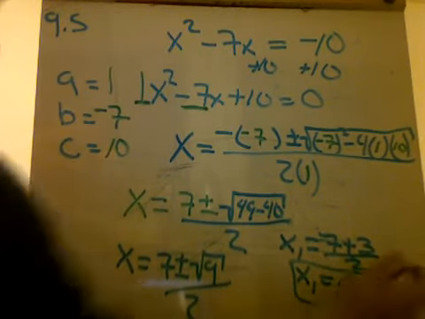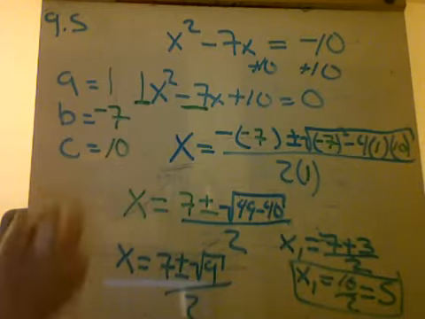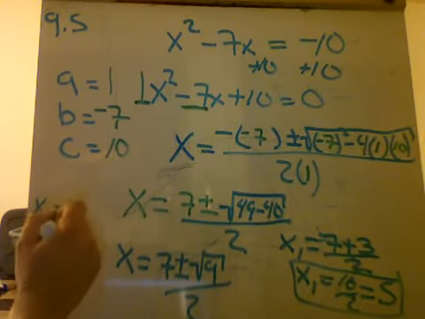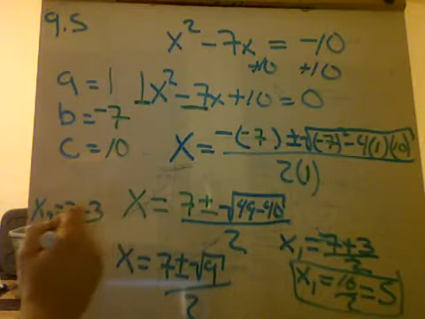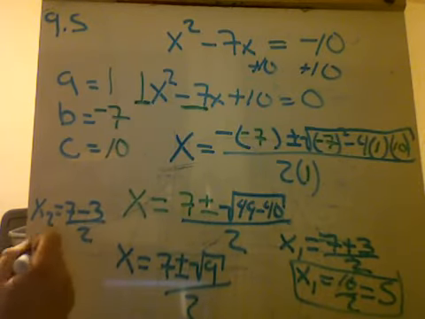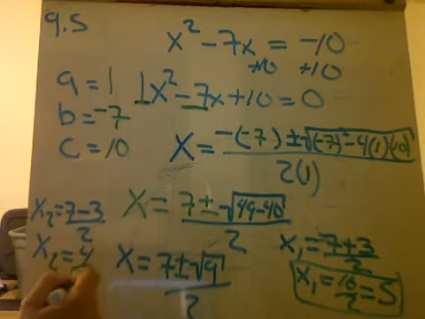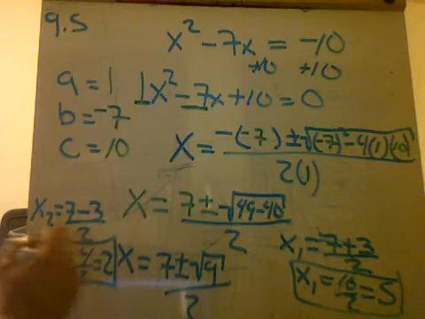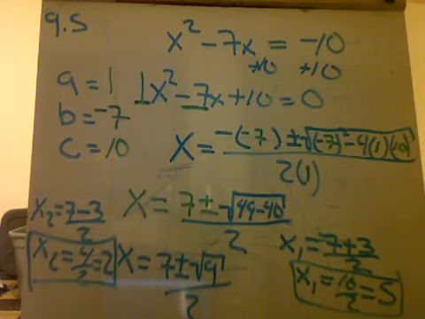So 5 could be the first answer. And then x2 could be 7 minus 3 divided by 2, which would be 4 over 2, which is 2. And I need a bigger board. And that is the quadratic formula.